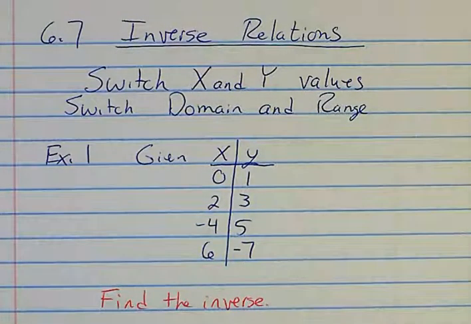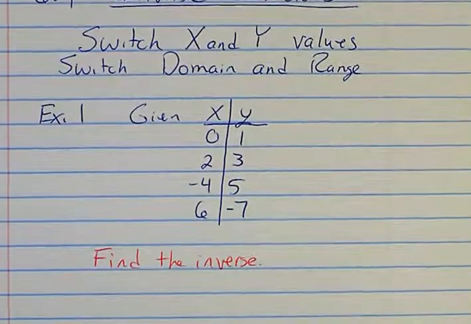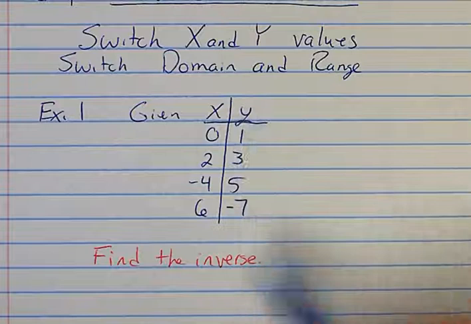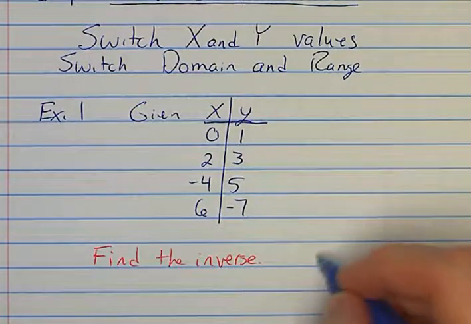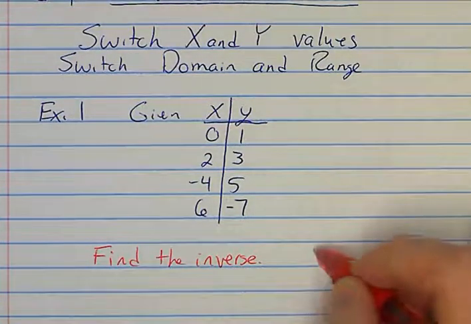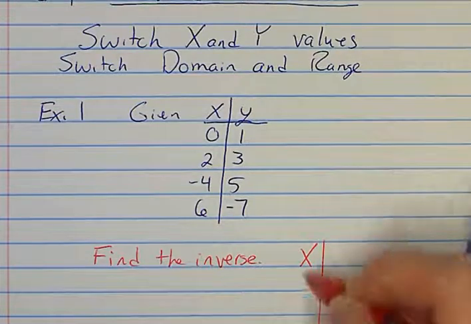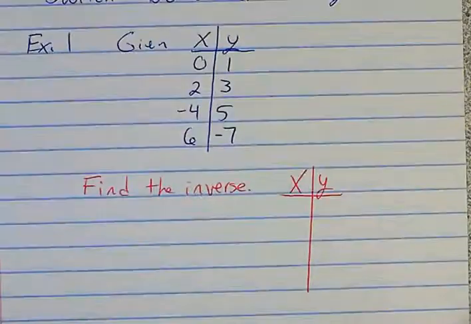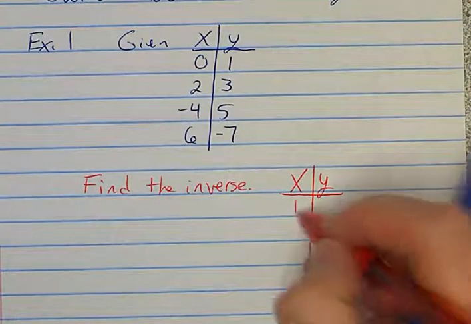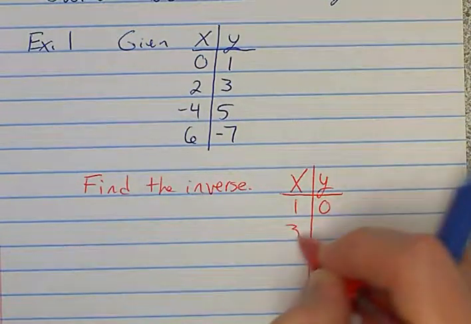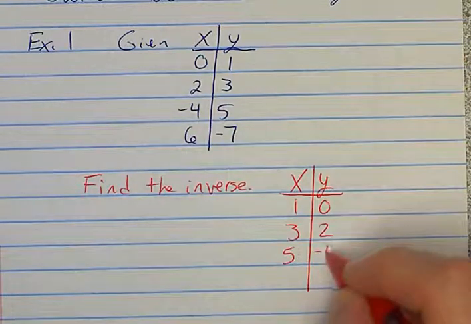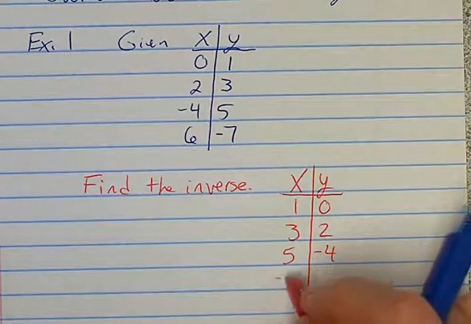As long as we're finding the inverse for this part, you're just going to take these numbers and reverse the order. So instead of 0, 1, when you do the inverse, it's going to be 1, 0. Instead of 2, 3, it's 3, 2. Instead of negative 4, 5, it's going to be 5, negative 4. And this would be negative 7, 6.